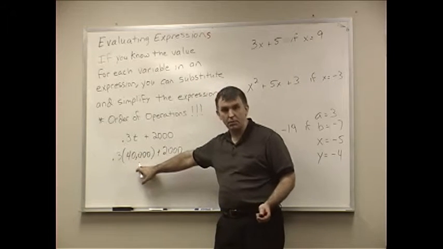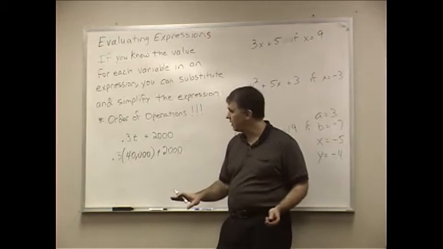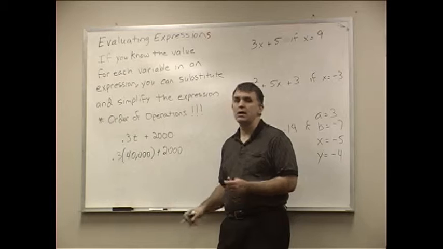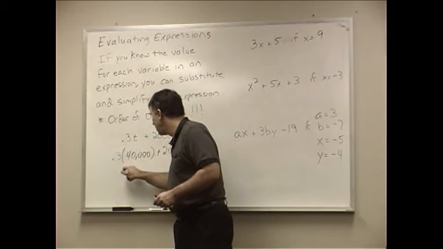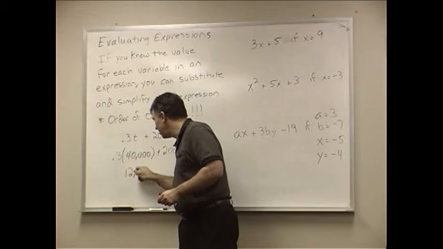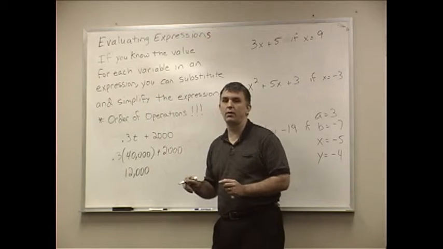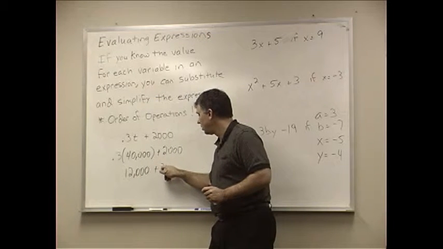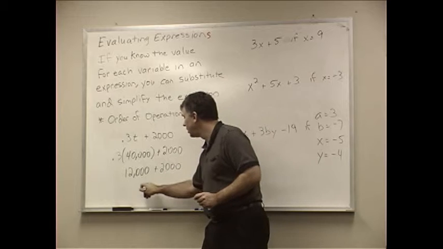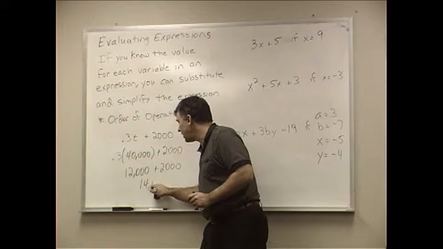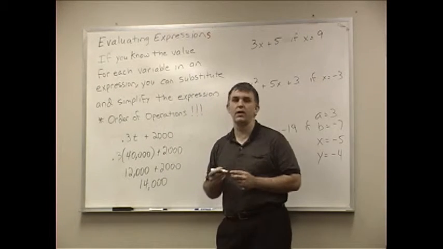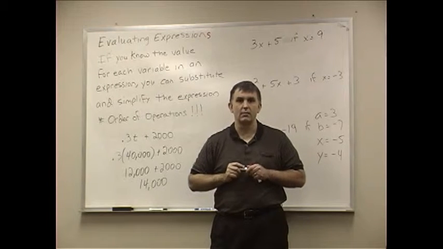So we've got some multiplying to do, then some adding. 0.3 times 40,000, I'm going to give that to you, it is 12,000 plus 2,000. They have 14,000 hot dogs that they need to prepare for that game.